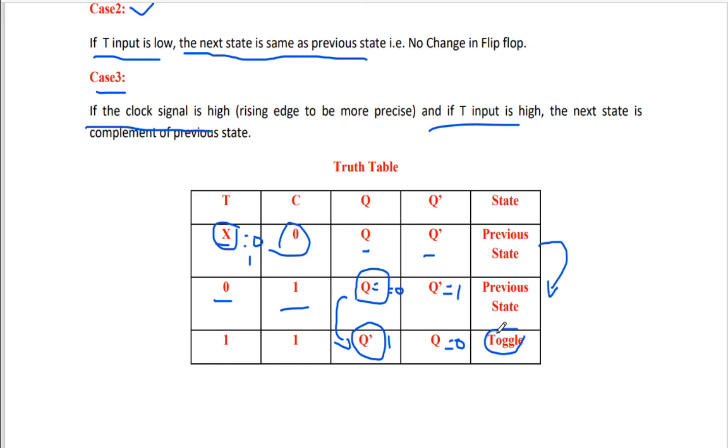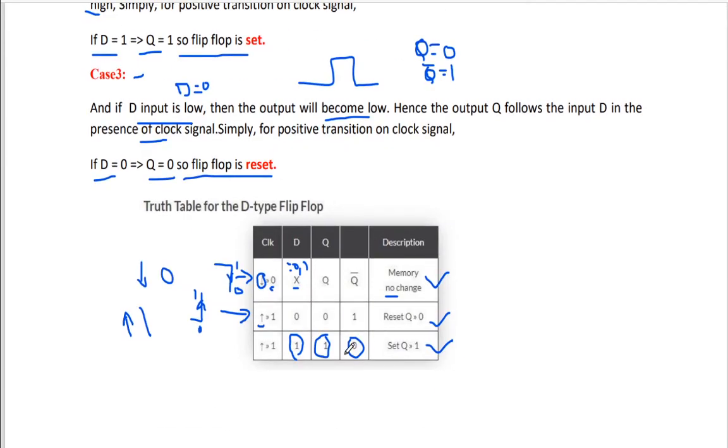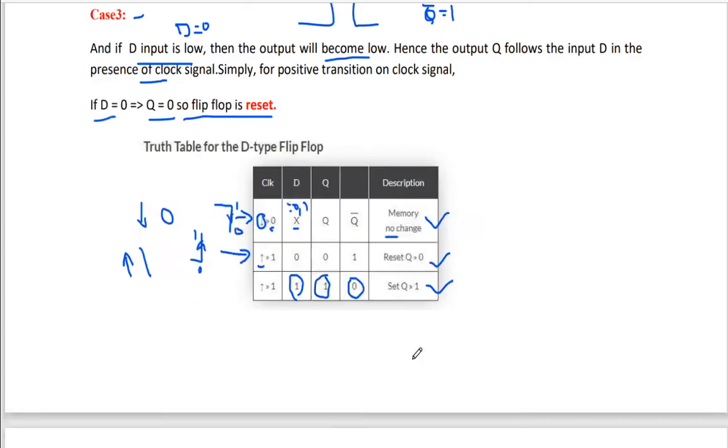So the only difference that you can find between the D and T flip-flops is that in the D flip-flop we had a set state and a reset state when S and R were high and low. So you can see here, when D was 0, we call it a reset state, and when D was 1, we call it a set state.